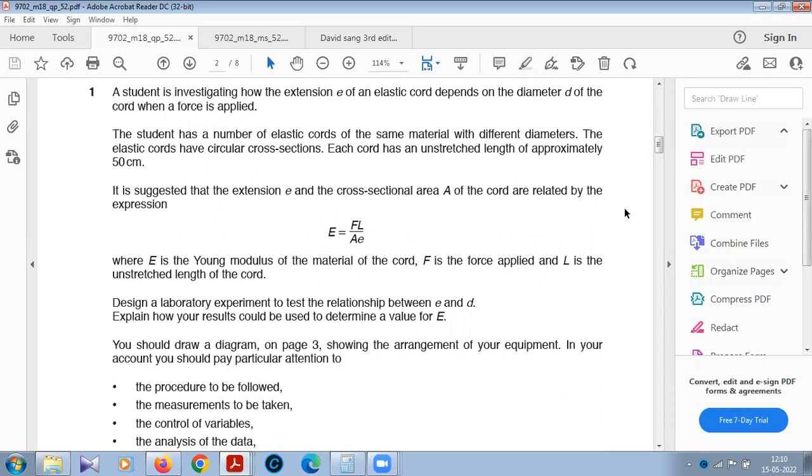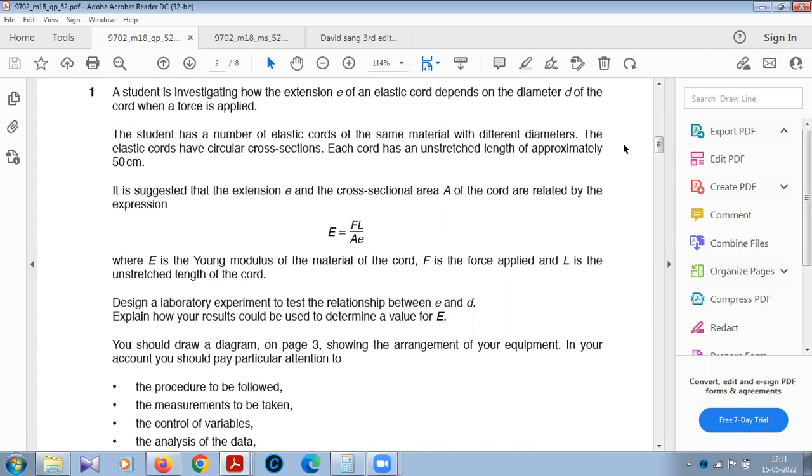A student is investigating how extension E of an elastic cord depends on the diameter D of the cord when a force is applied. The student has a number of elastic cords of the same material with different diameters. The elastic cords have circular cross sections.